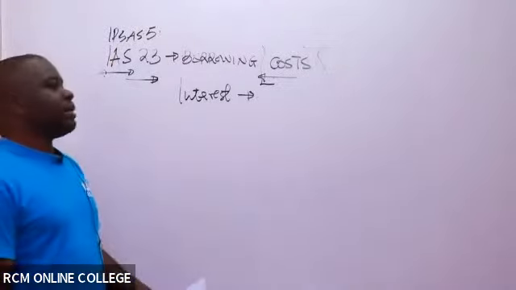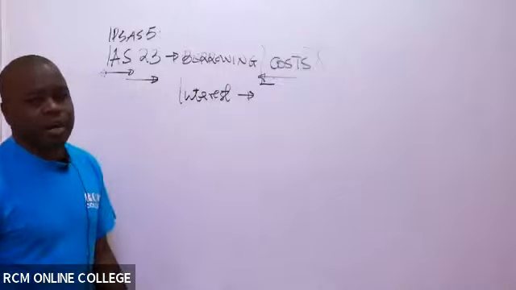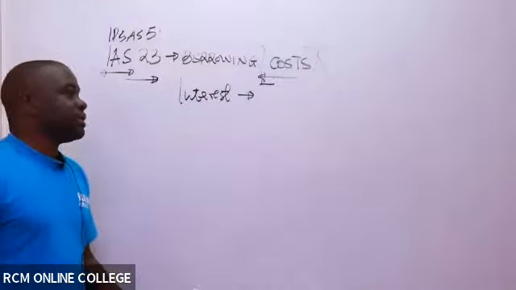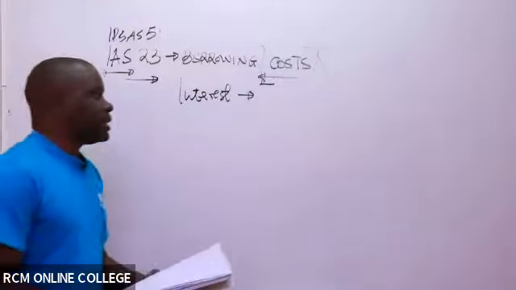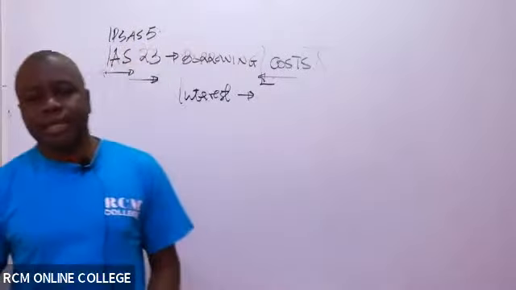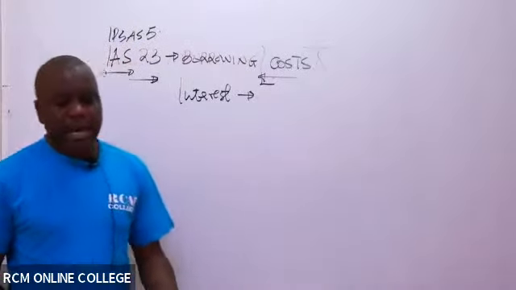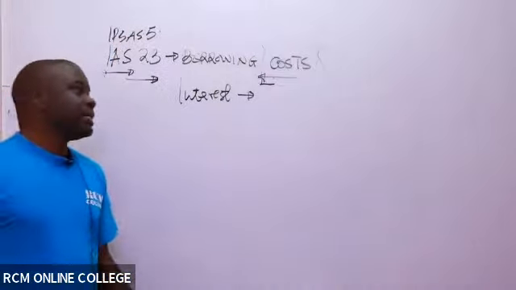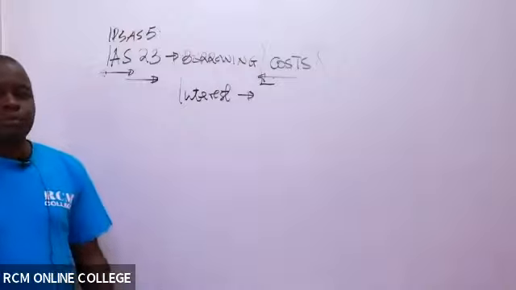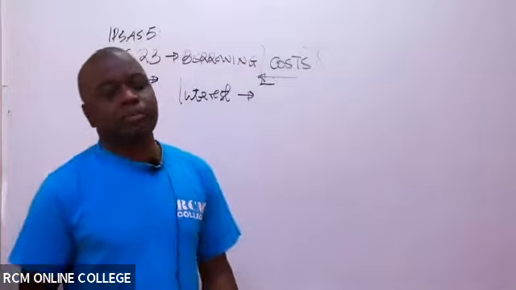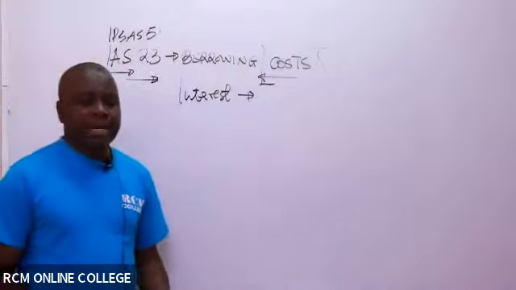So if there is any borrowing to construct this particular building, the interest incurred during the period upon which the construction was being undertaken will be included as part of the cost of that asset. But interest incurred during the period upon which the building was not actively being constructed will be expensed, will be an expense.